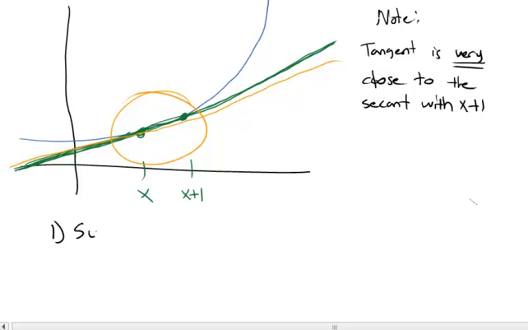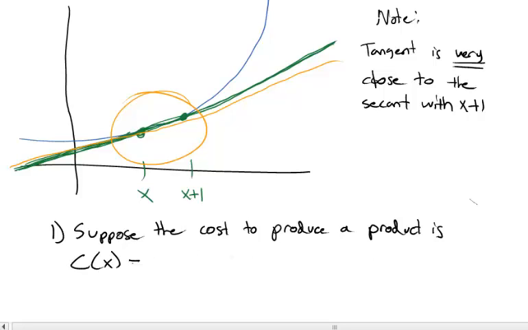For example, suppose the cost to produce a product, the cost c of x, is equal to 2x squared plus 50x plus 250.